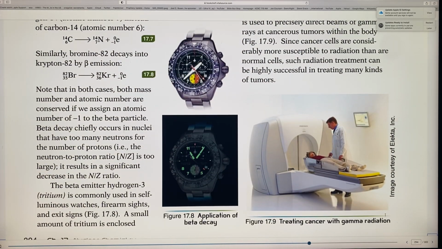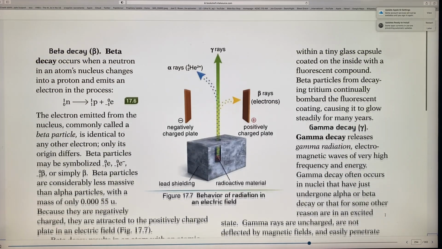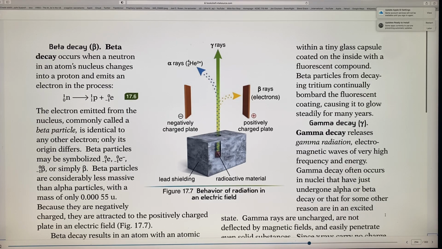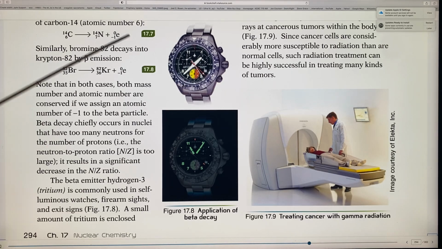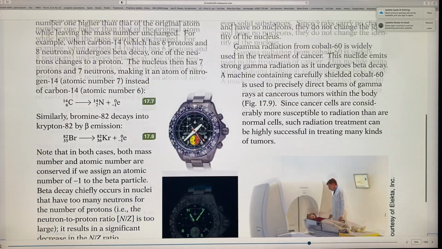Here's an application of beta decay, where the beta emitter hydrogen 3 is commonly used in self-luminous watches, firearm sights, and exit signs. So basically, this luminous nature would be emitted in the midst of beta decay. And here are some examples in the watch there.